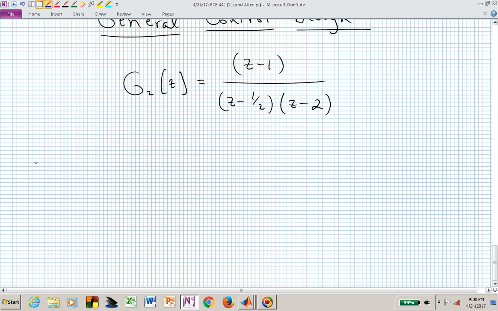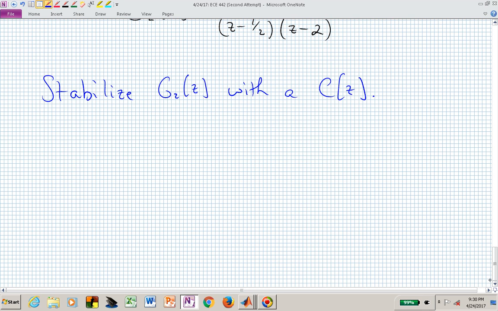The objective then is to stabilize G sub 2 with some controller, which we'll call C of z, and again we're using our conventional unity output feedback configuration with a plant G and a controller C. And what you might do, if this is now in an interview, you might say, well, let me just look at what we have and see what we can do, maybe with a basic controller, where the basic controller now is a gain controller.